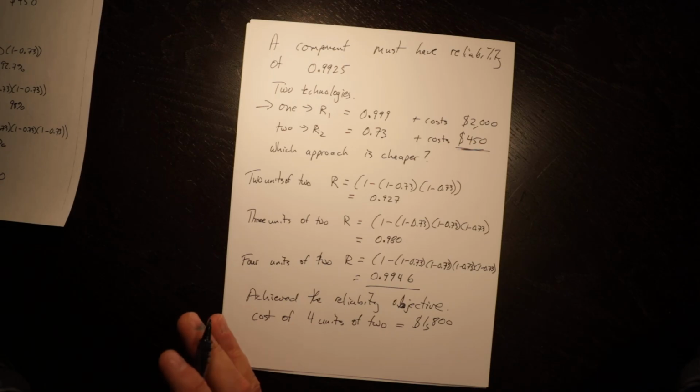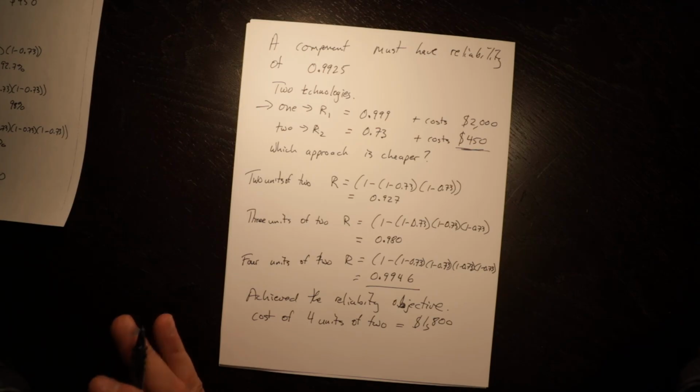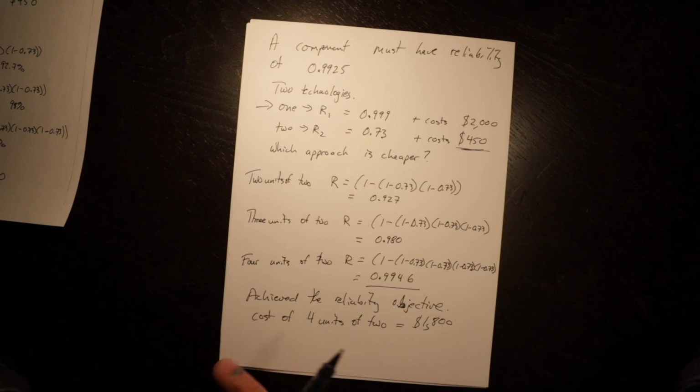When you are calculating processes that have backups, you do the parallels or the backups first, and then you do the series, and failure rate is 1 minus the reliability. Otherwise, this is relatively straightforward and shouldn't cause you any grief.